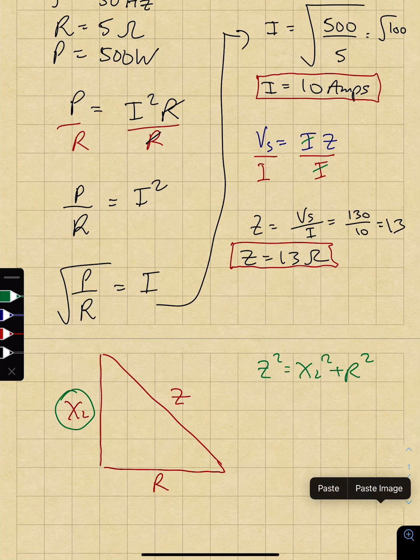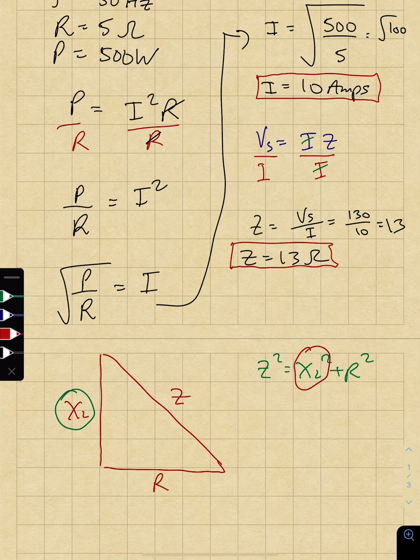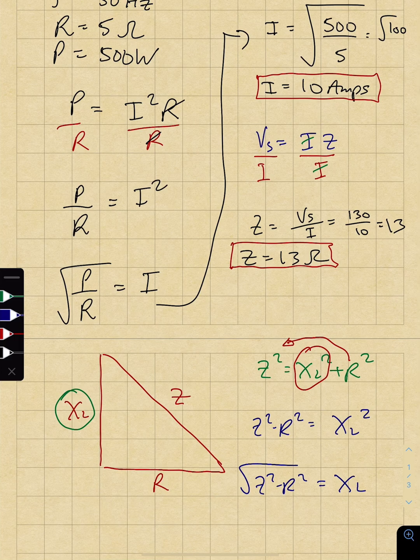We're looking for this fella, right? So we're going to throw the R across and he changes sign. So we get Z squared minus R squared equals X sub L squared. Now we're going to square root both sides. So the square root of Z squared minus R squared equals XL.